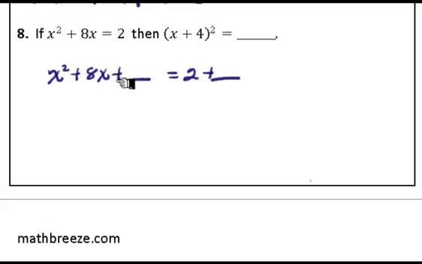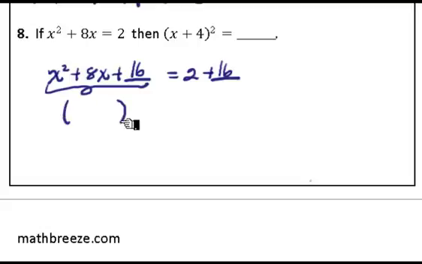Now to complete the square, we take half the middle term, square it, and put it here and here. So half of 8 is 4, and 4 squared is 16. So 16 goes here and here. And we do that because this now is a perfect square.